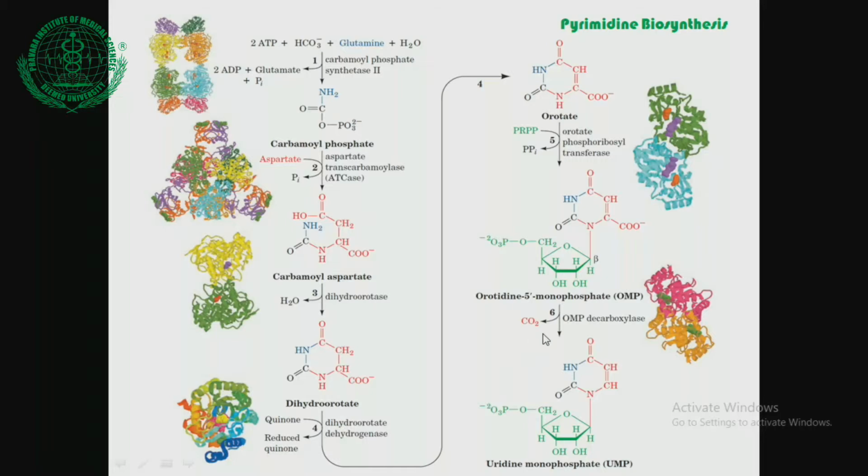In the next step, orotidine monophosphate is decarboxylated and uridine monophosphate is synthesized. The step is mediated by OMP decarboxylase. UMP, as a canonical pyrimidine nucleotide, serves as a precursor to synthesize cytidine triphosphate and another pyrimidine nucleotide called deoxythymidine monophosphate.